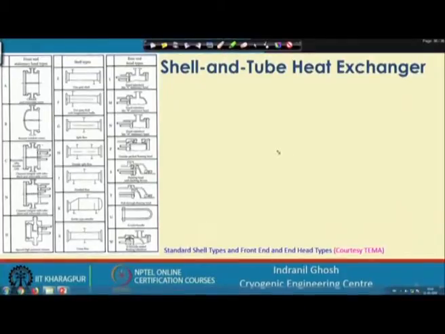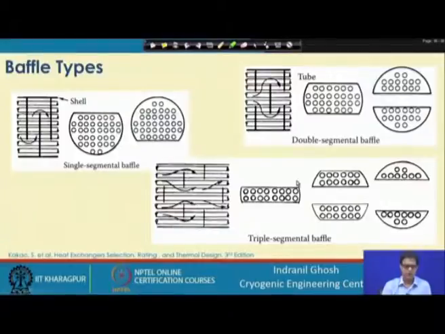So, now if we look into the different types of baffles, we have several types of baffles that are possible. The baffles are basically giving two types of advantages. First of all, it gives mechanical stability to the tubes.